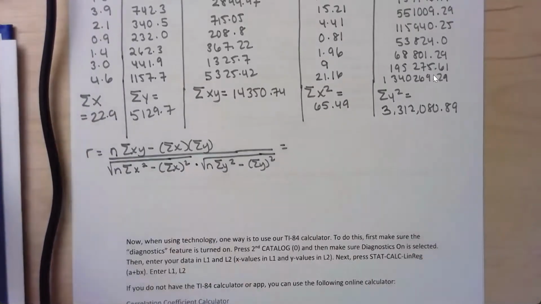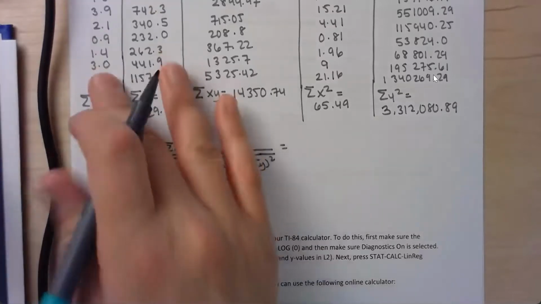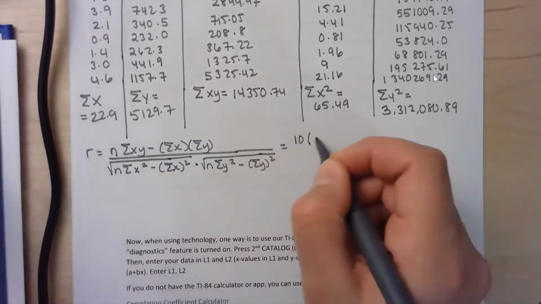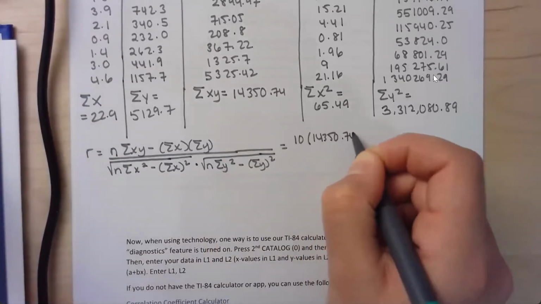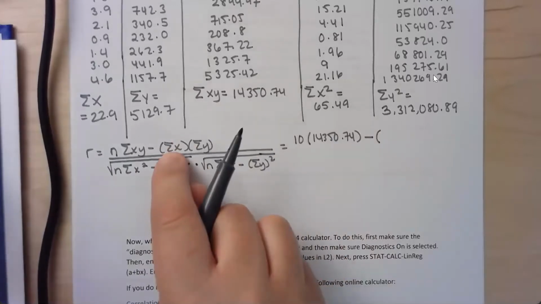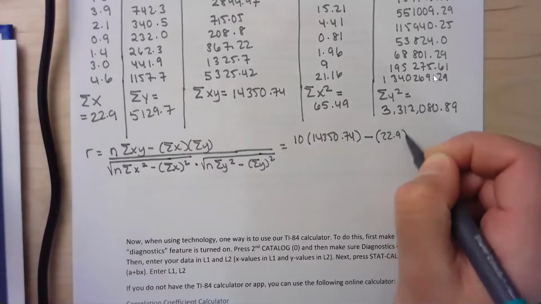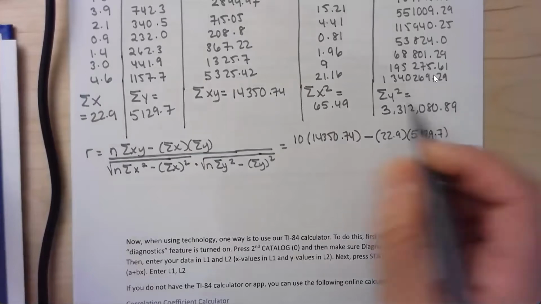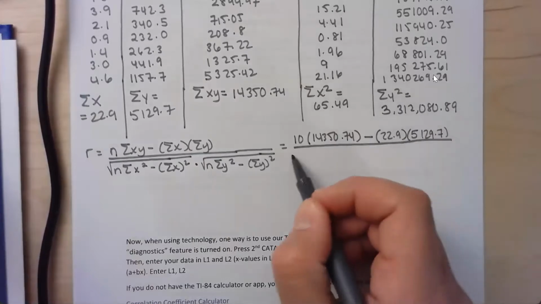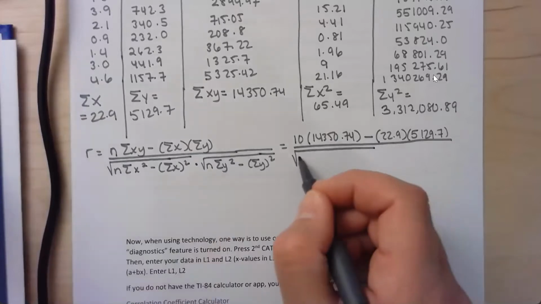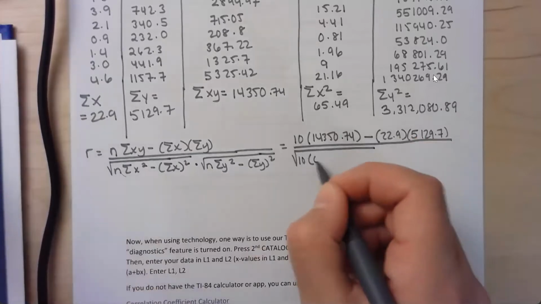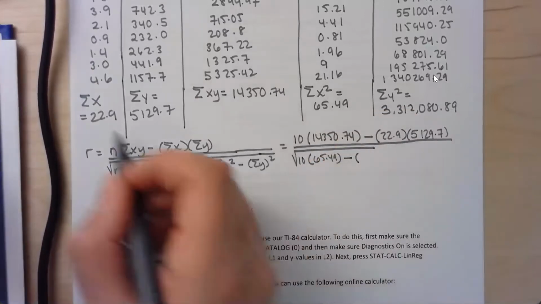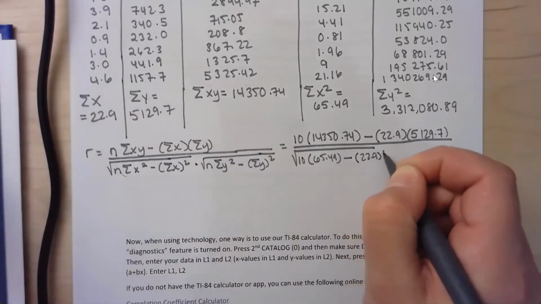Now our n here is only 10. So we have 10 data points. So I have 10 times the sum of xy, which is this value right here, 14,350.74, minus the sum of the x's, which is here, 22.9, times the sum of the y's. And again, for my first square root, I have 10 times the sum of the x squareds, which is 65.49 from here, minus, and now this means to take the x answer and square that.